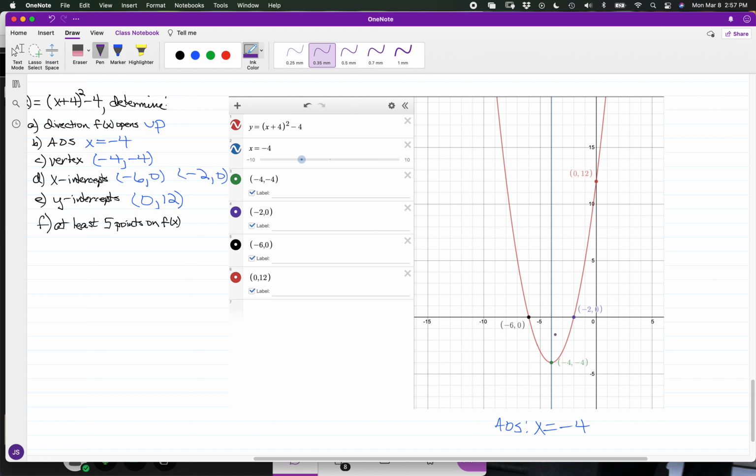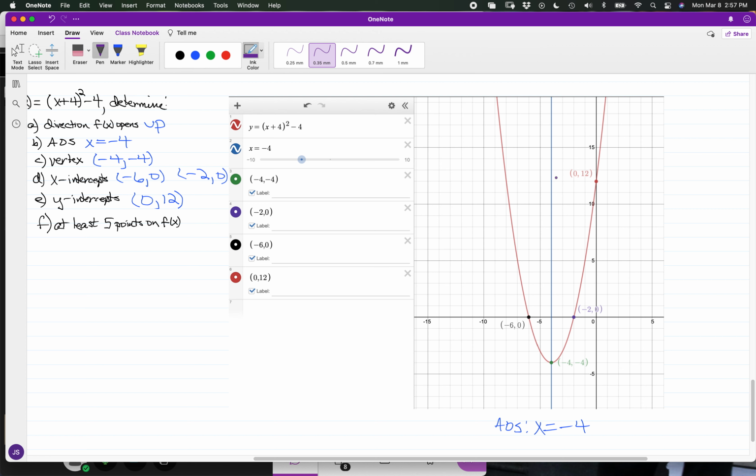On the x-axis, you have -2, 0, which is 2 spaces to the right. Also, the x-intercept at -6, 0 is 2 spaces to the left of the axis of symmetry. And if I go up the axis of symmetry, I reach the level of 0, 12.